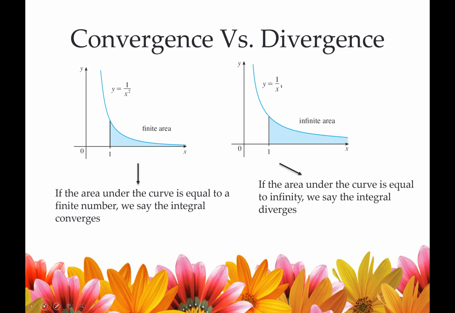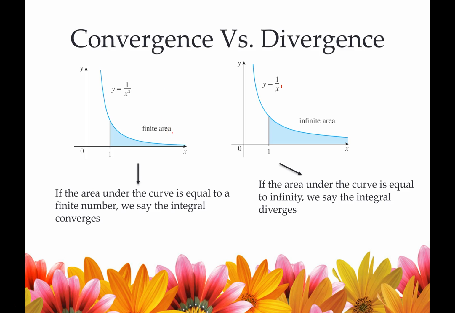Actually, I do know. Before we answer that question, though, I need you to know this vocabulary. I'm going to start using it for the rest of your life. So convergence versus divergence. To converge means that the area under the curve is equal to a finite number. So it's almost saying like the area under the curve here is 1 or 2 or 2/3.